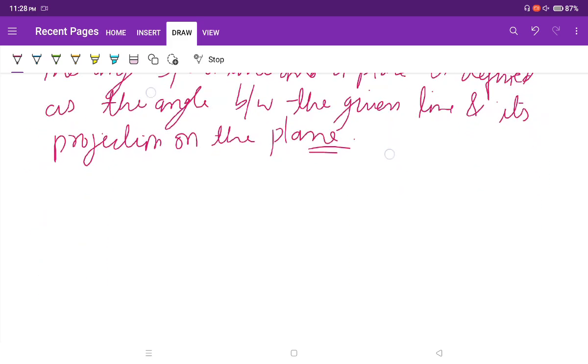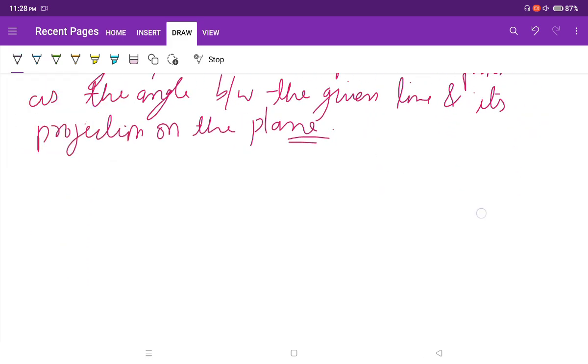Alright, this is the actual angle and this is the actual definition, right?